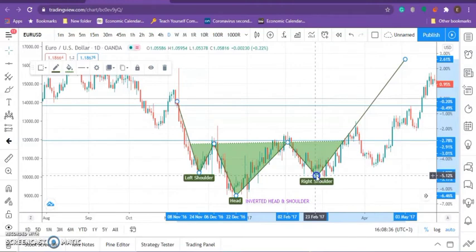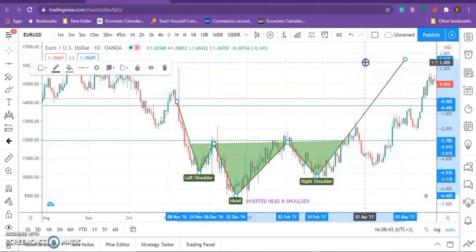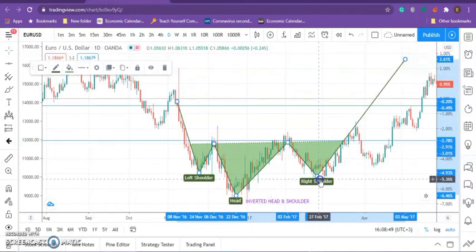So if you got on right here, you'd have gained almost 5%, 7%, up to right over here, from February 27th to May 4th. The more these patterns appear on the higher time frames, the more solid and accurate they are.